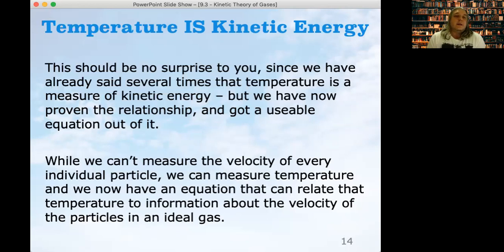So a note here that we can't measure the velocity of every individual particle. It's not possible for us to actually freeze a system and look at every single gas particle and measure their velocities. Can't happen. But what we can do is measure the temperature, use this relationship to figure out the average kinetic energy. And from that, we can do some statistical analyses and actually look at the spread of velocity, spread of kinetic energies, and all of this.